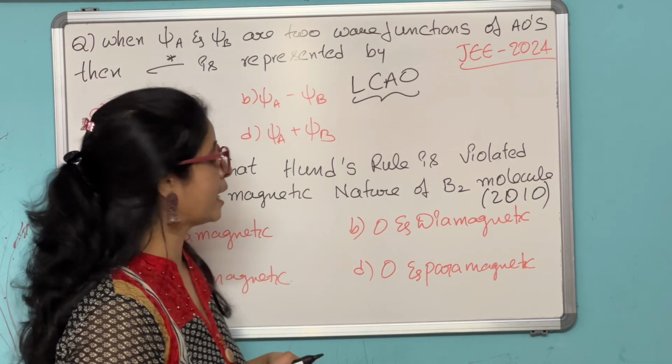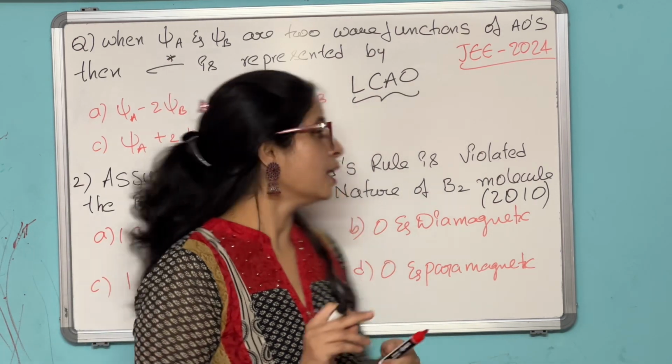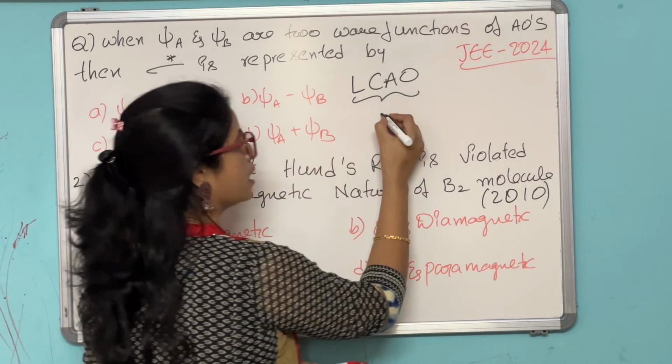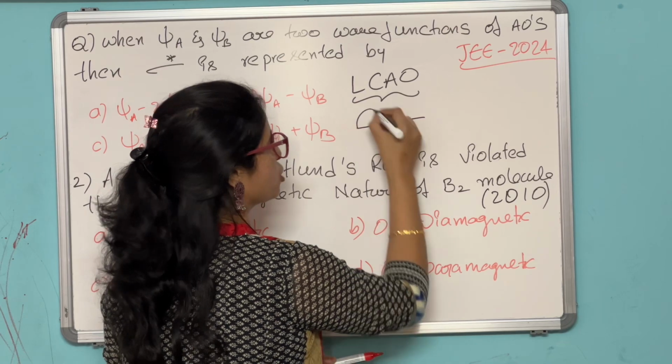According to wave mechanics, each atomic orbital is represented by a wave function psi.